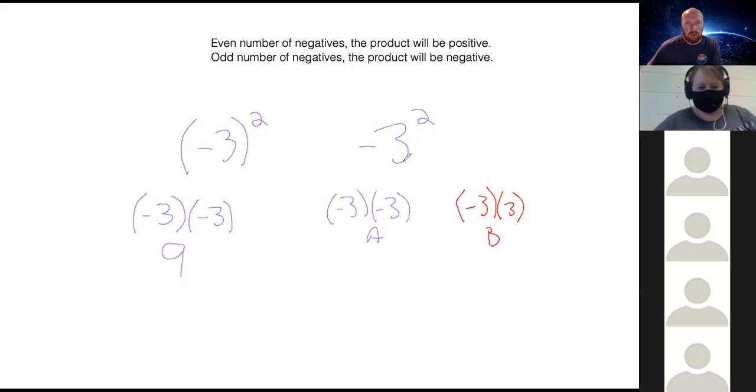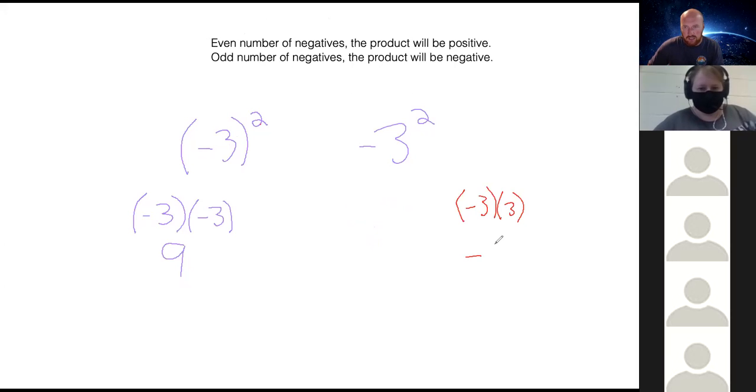What this is telling me, because there are no parentheses, the correct answer here is actually B. It's telling me I want 3 times 3, but one of my 3's is going to be negative. So this is the correct version of what we're going to do when you see something like this.